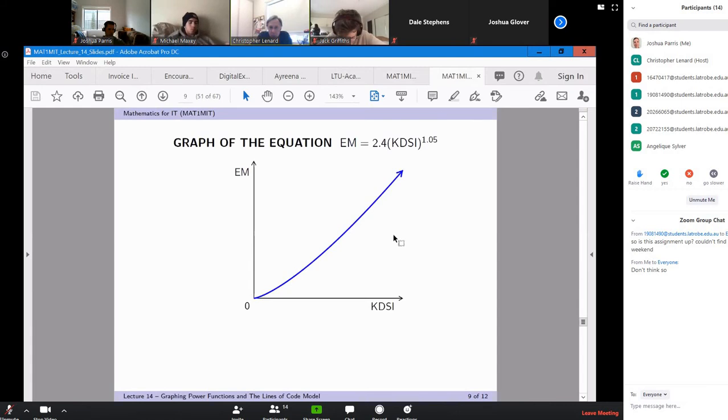So KDSI is on the x-axis, effort months on the y-axis. This is going up, it's curved upwards, it gets bigger and bigger, and eventually it'll get very rapidly big.